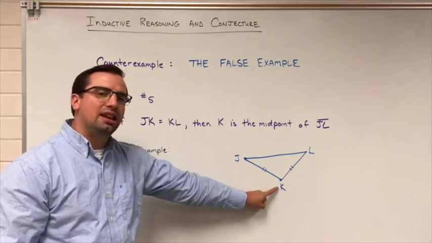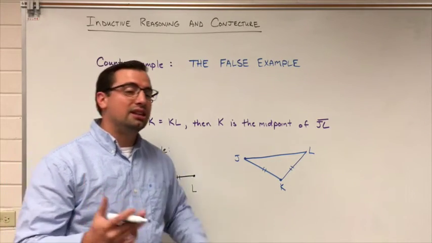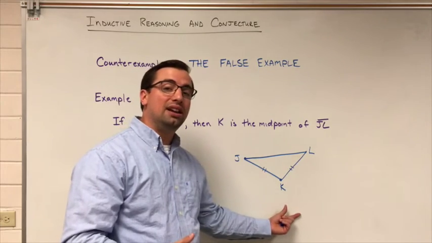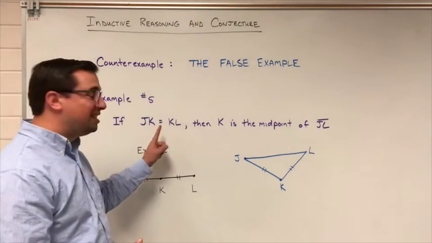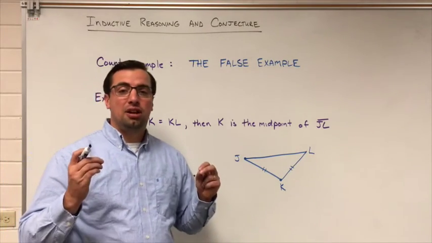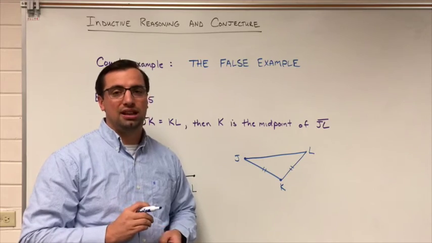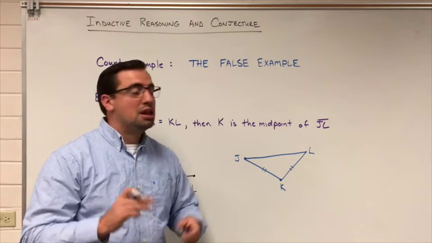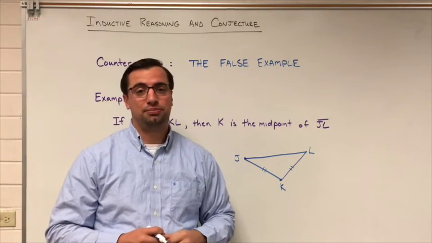But you'll notice that K is not the midpoint. This is an example of a counterexample. We have just shown that this statement is a false statement. It is not true 100% of the time. That's the idea of counterexample, the false example.